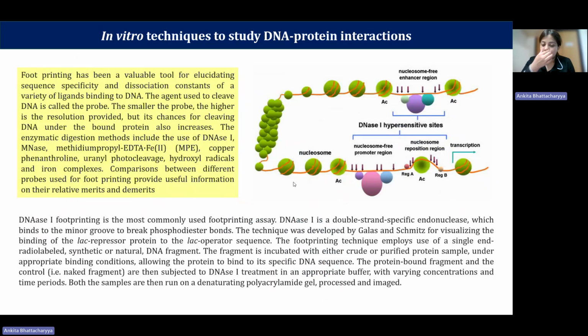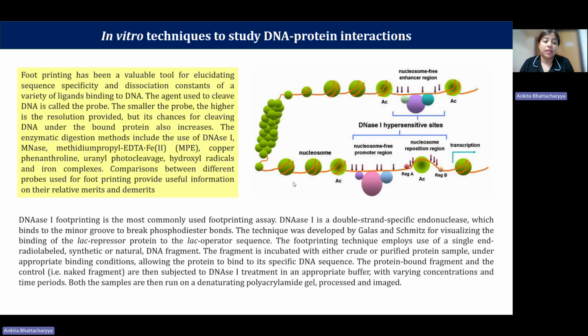Footprinting has actually been a very valuable tool for determining sequence specificity and the dissociation constants of a large number of ligands that bind to DNA. Most commonly, you use an agent called a probe. The smaller the probe, the higher the resolution that is provided, but its chance of cleaving DNA under the bound protein also increases.